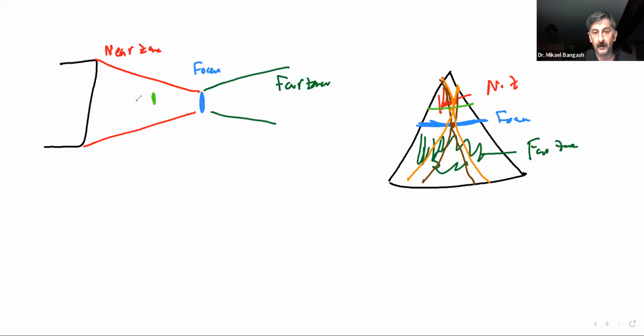If this is our focus, then this will be your near zone, and this becomes your far zone.